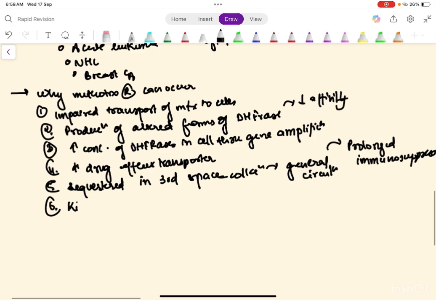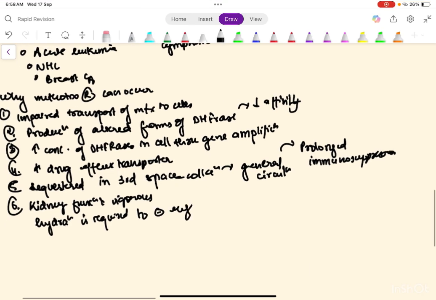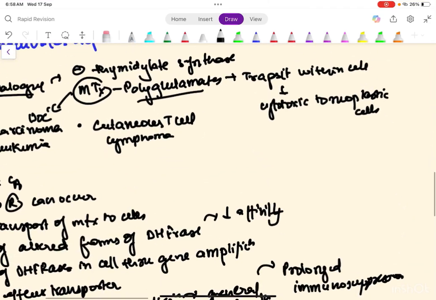Then kidney function monitoring and vigorous hydration is required to inhibit crystallization of methotrexate in renal tubules. Okay, now there's one question more.